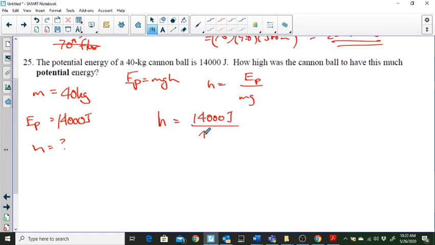Our mass is 40 kilograms. And then our g, you have to remember that, 9.8. So now we can just plug into our calculator. 14,000 divided by 40 divided by 9.8 equals 35.7 meters. That would be our height.